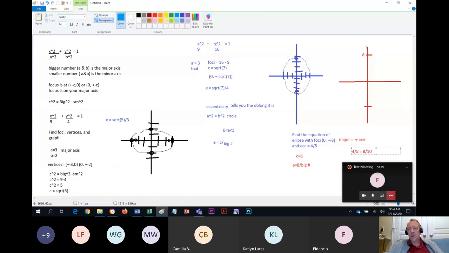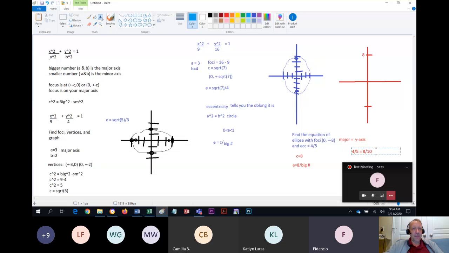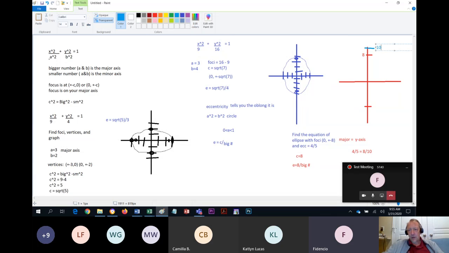And so if I put up here, this is 10. Okay, so when I'm making my equation here, I'm going to have x squared over something plus y squared over something equals 1.